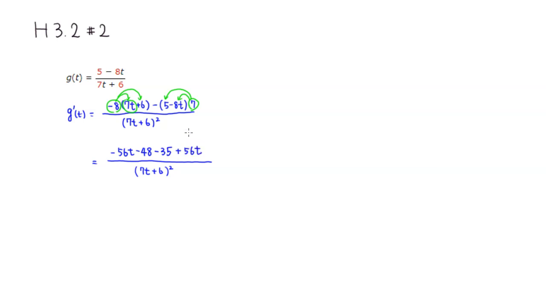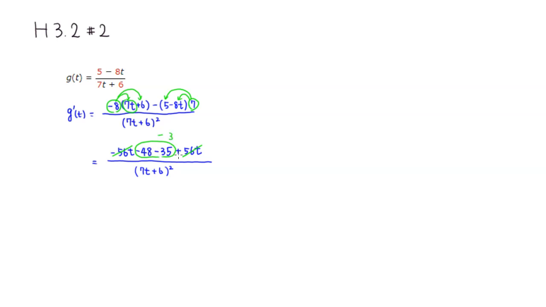Right? And then you can see that there is negative 56t and then positive 56t, so they cancel each other out. Then you can just combine these two together. So that would be what? Negative 8 plus 5 is 13, right?